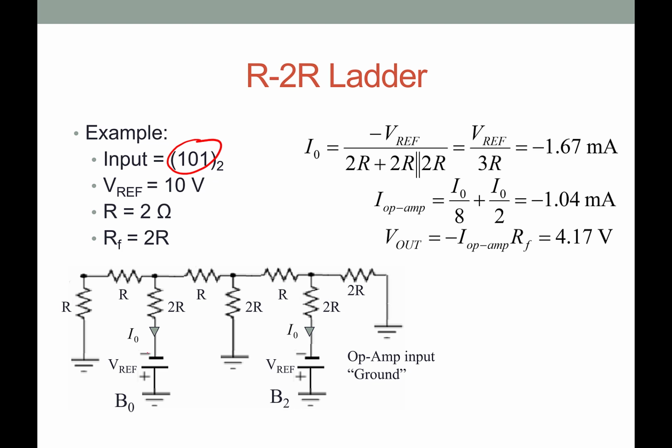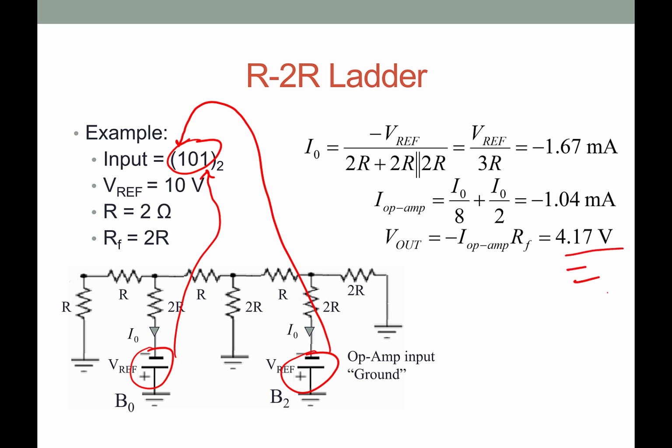You can see we've set the least significant bit tied to Vref and the most significant bit tied to Vref, and in this diagram make sure you realize that's this one and this one respectively, and you can use those equations and find out that the output voltage would be 4.17 volts.